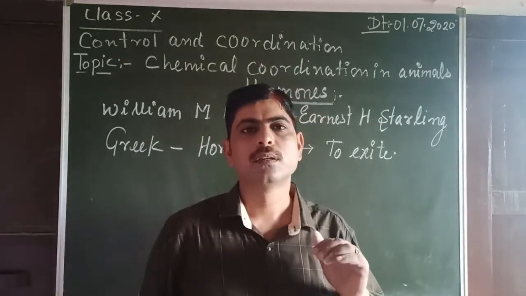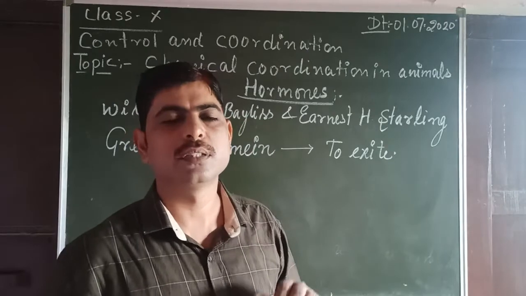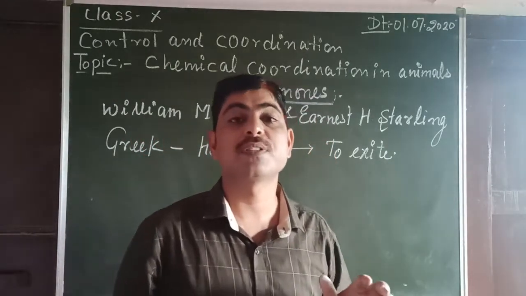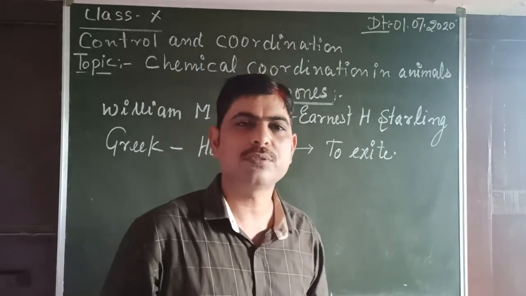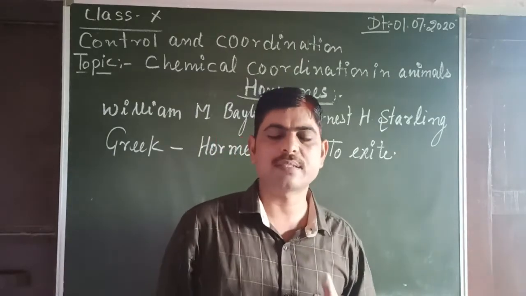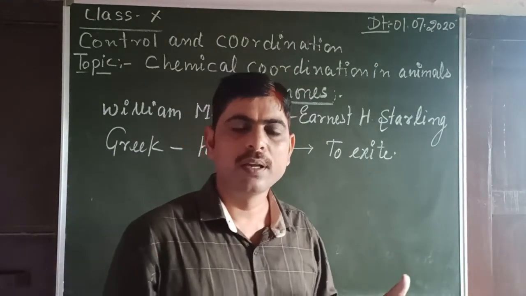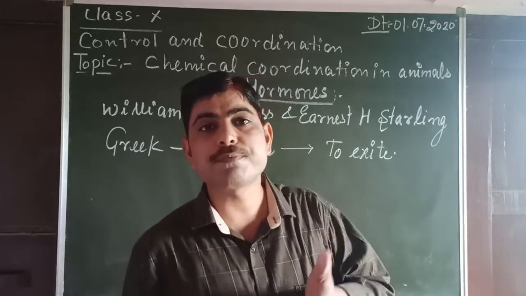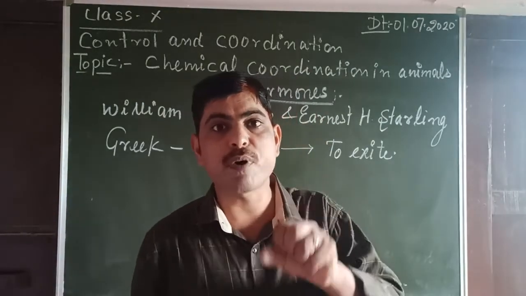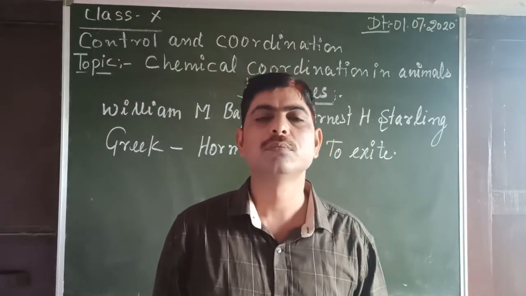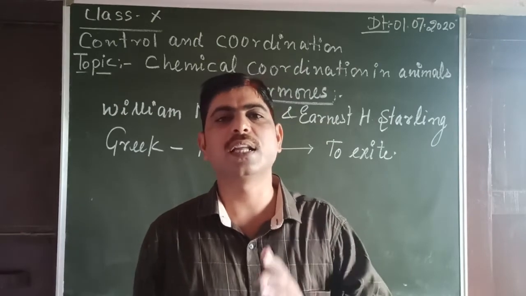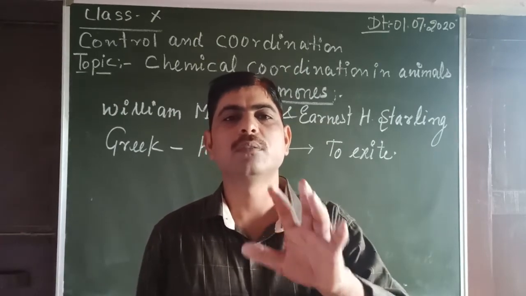So we can say the hormones are a special type of chemical molecules secreted by the specialized cells of endocrine glands in a specific part of the body in response to a change in the external or internal environment of the body.